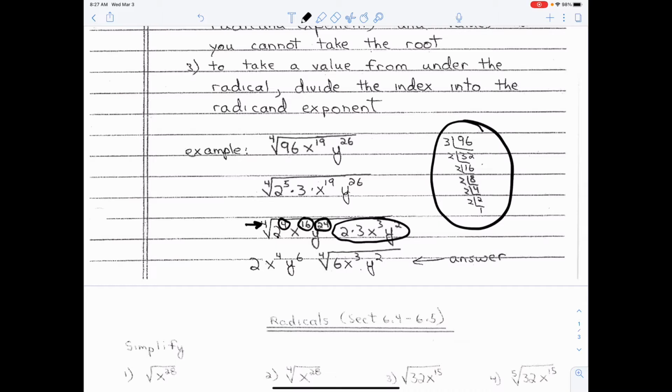So 4 divided by 4, meaning this 4, is 2 to the 1st. 16 divided by 4 is going to give us x to the 4th. And 24 divided by 4 is y to the 6th. And then the fourth root of 6, x to the 3rd, y squared is what you have left over, so that just stays under the radical.